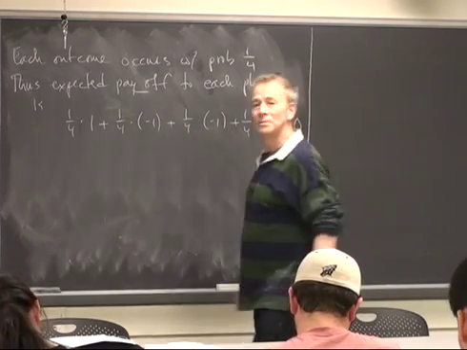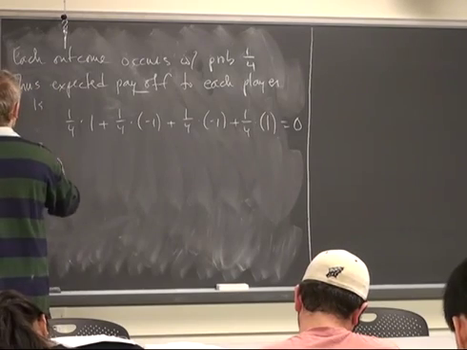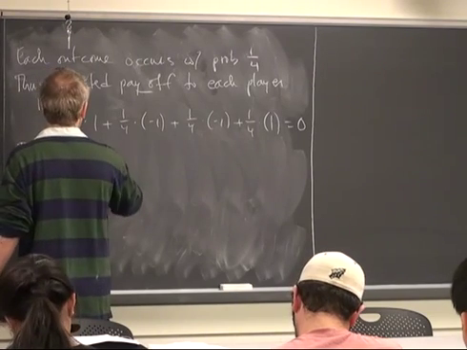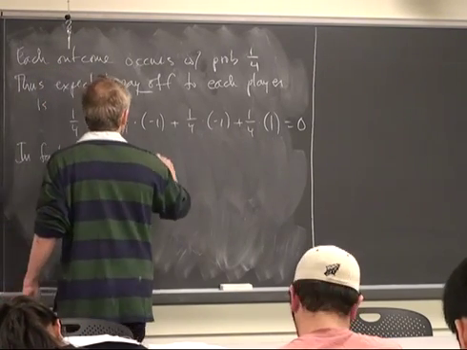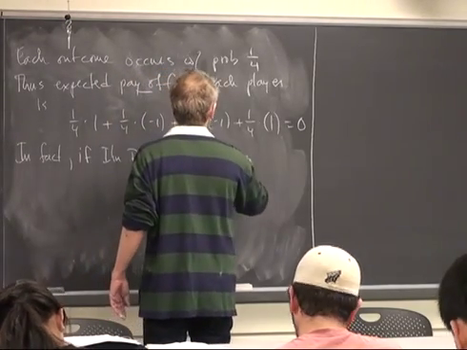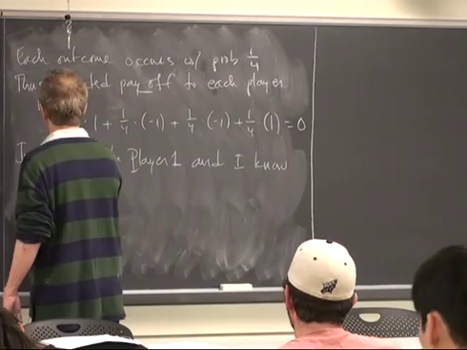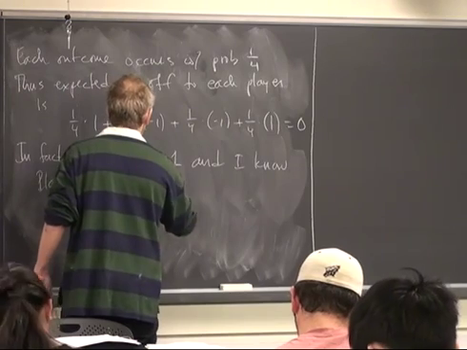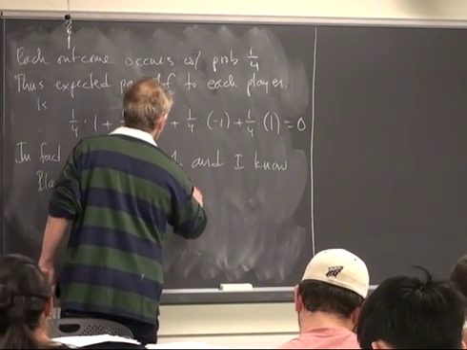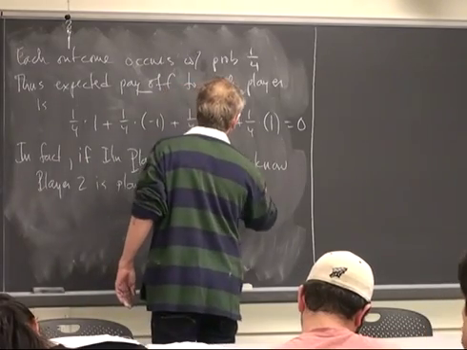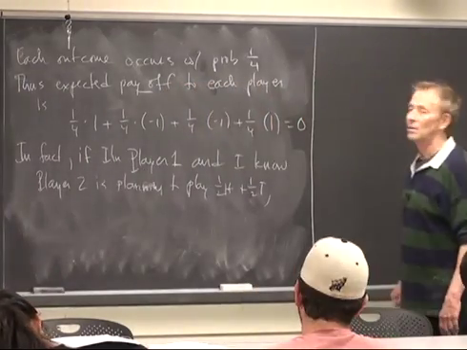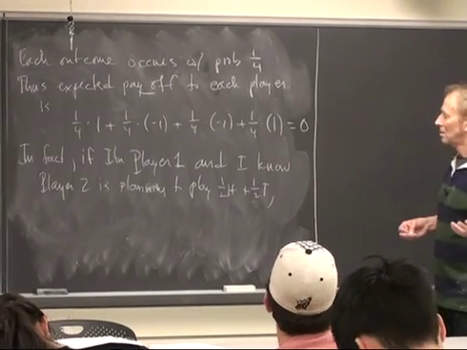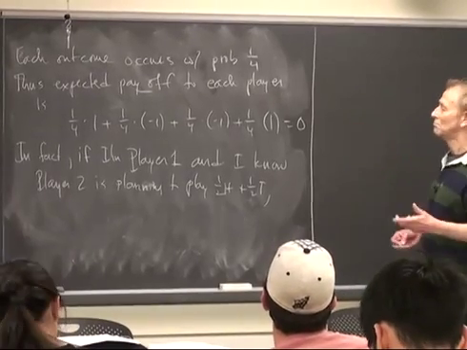And in fact, if you think about this for a second, if I'm player 1, kid 1, whatever, and I know that player 2 is planning to play (1/2 H plus 1/2 T), I can't do any better than to play that mixed strategy.